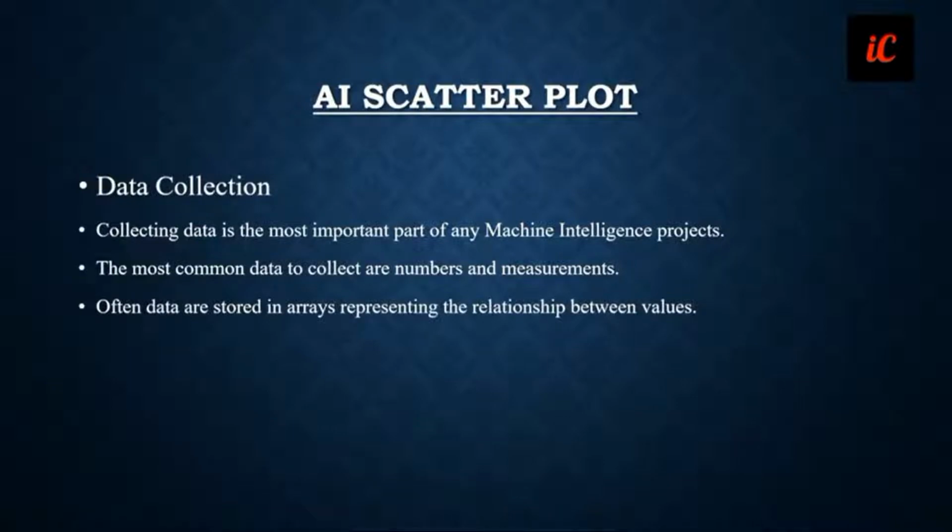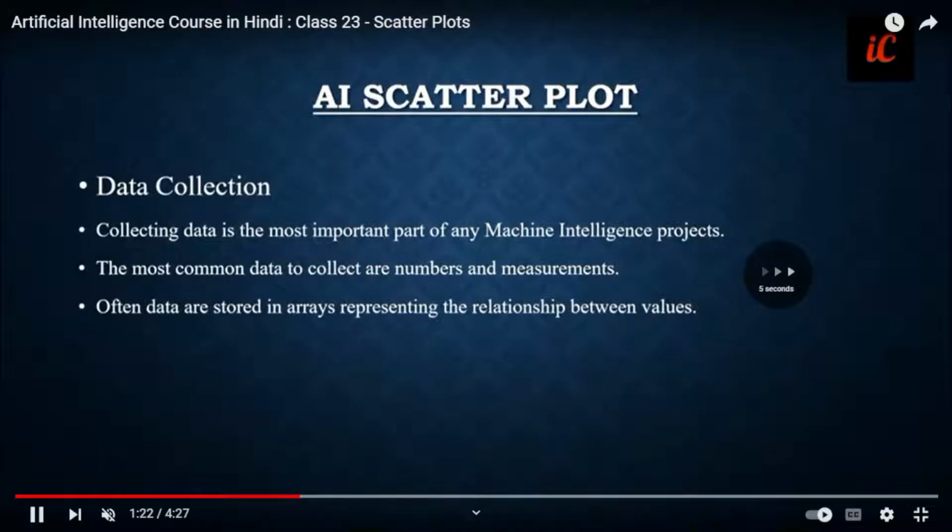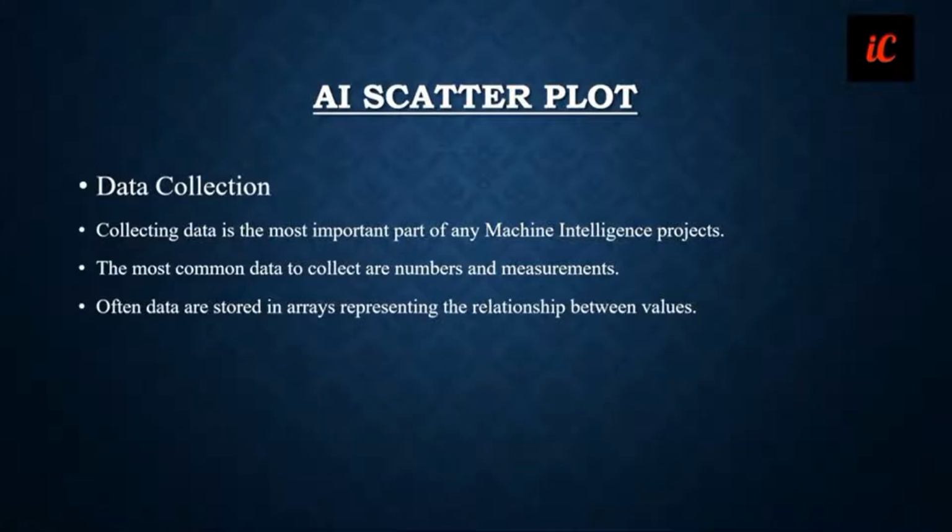So collection of data is a very important part of the scatter plot. Okay, so these are the few points that I have mentioned here. You can write it in your notebook, so you will be able to understand. The most common data that is available in data collection is numbers and measurements.